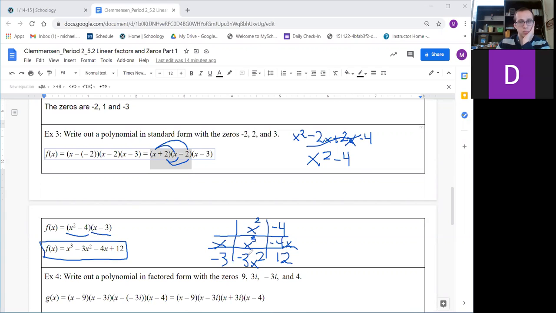X cubed minus 3x squared minus 4x plus 12 for my final answer. Are there any questions on that? Does that explain your question as well? Or do you want me to explain some more?